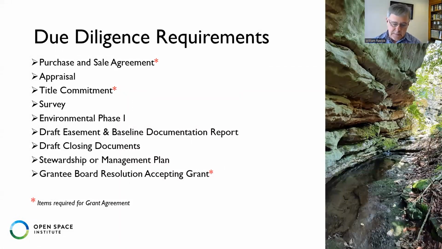We also need some organizational documents like your board resolution accepting the grant. And once OSI receives some key checklist items, specifically a signed contract, the title, and a grantee board resolution, we can provide a grant agreement fairly early in the process.